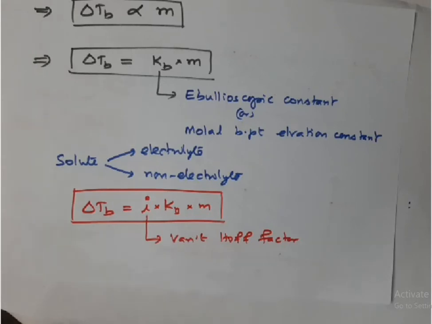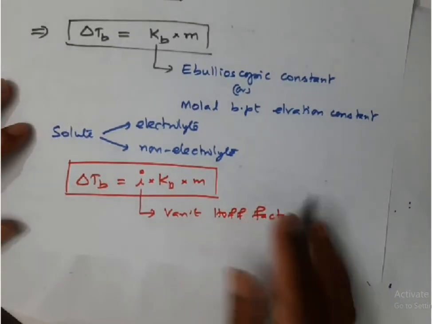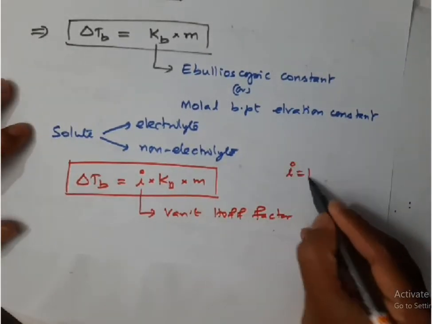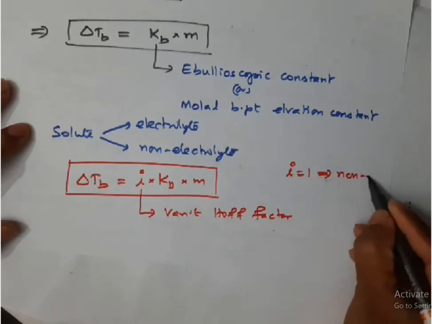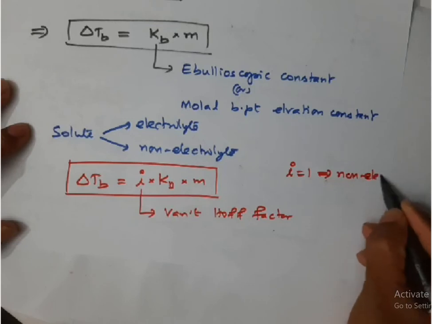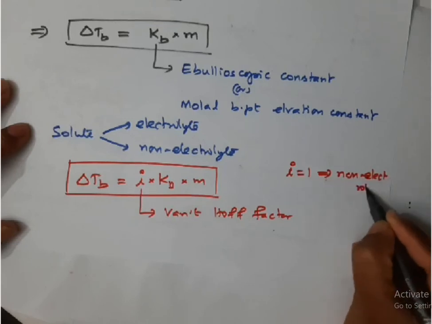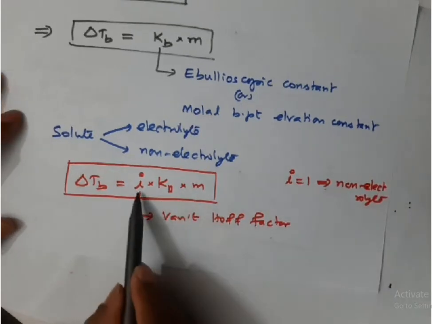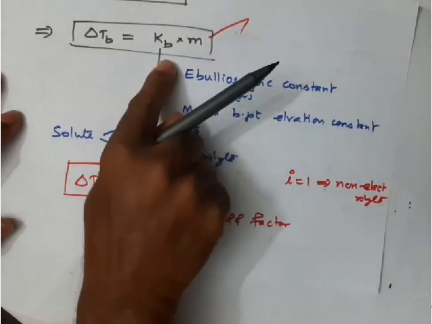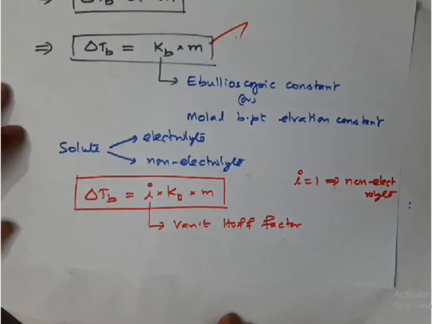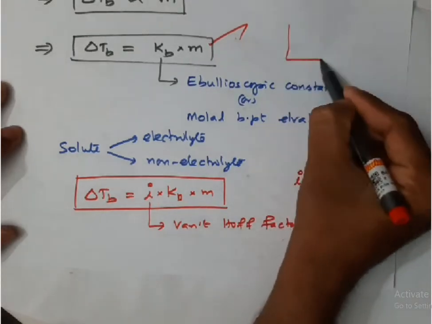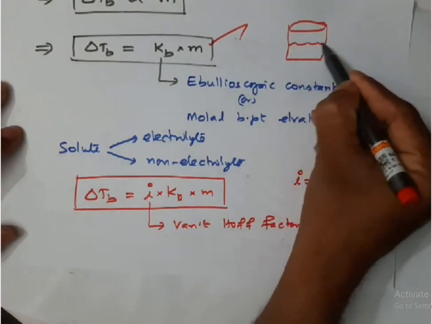right? And you know very well, last class I told you, i is equal to 1 for non-electrolyte. So if I put i equal to 1, I will get this expression. So this expression is applicable for non-electrolyte. What is a non-electrolyte? Very simple. See, you take some solvent.